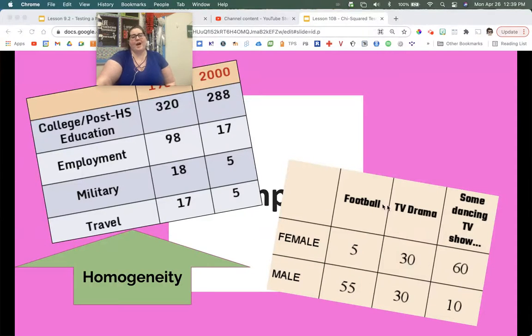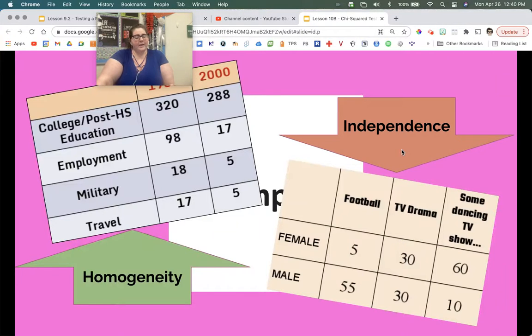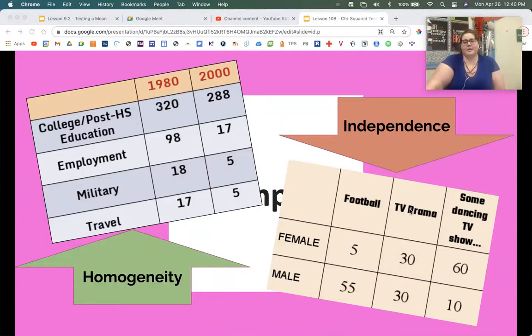In that case, we have one sample about which we collected two different variables, right? We collected information on the variable of gender, and then we collected information on type of TV watched. So this would be a test of independence. We're testing for an association between variables, but we really just have one sample. So that's a couple of examples of the difference between the two types of tests.